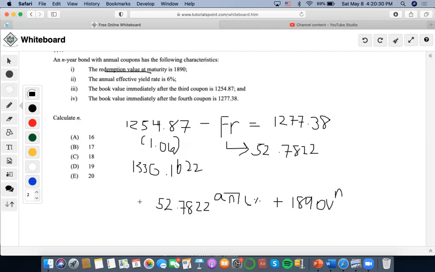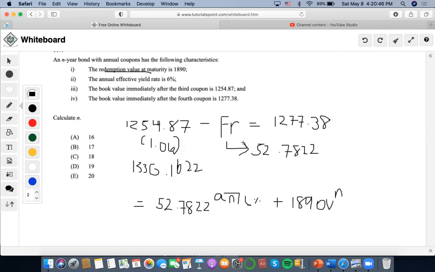Now, what do we exactly set this equal to, right?